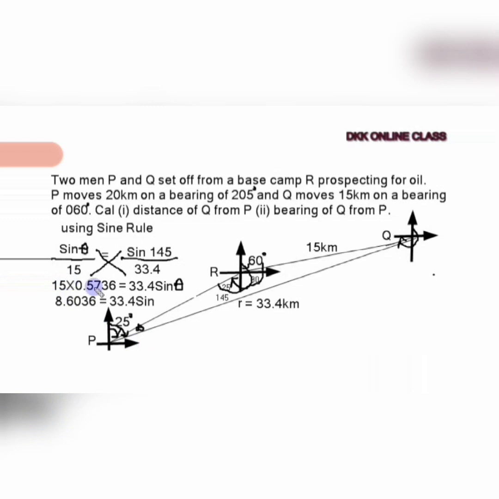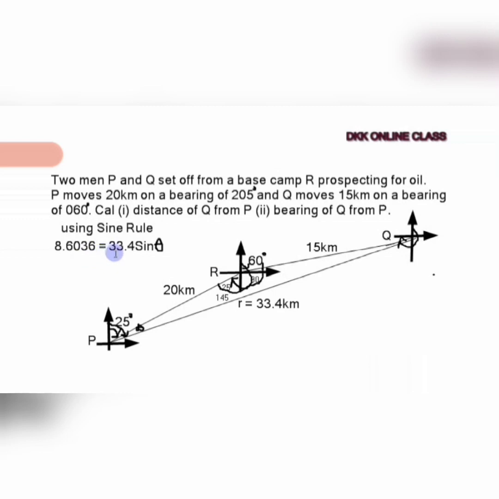Let's press the calculator. Okay, I have 8.6036 equal to 33.4 sine theta. So we can now make sine theta the subject of the formula. We divide both sides by the coefficient of sine theta, which is 33.4.